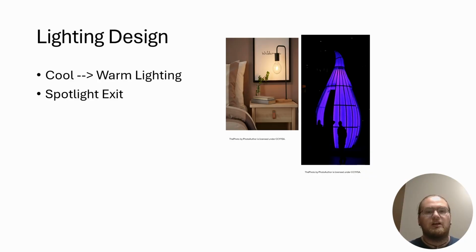This change helps represent hope, confidence, and a positive turning point. At the end, when Cinderella exits, a soft spotlight follows her to emphasize that particular moment and draw the audience's attention to her decision.